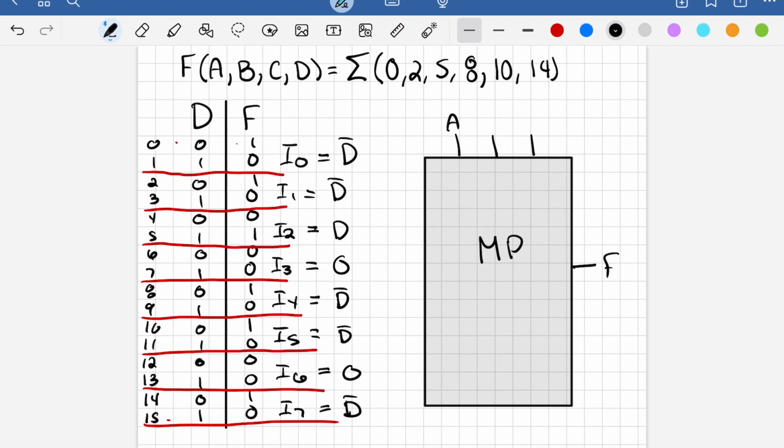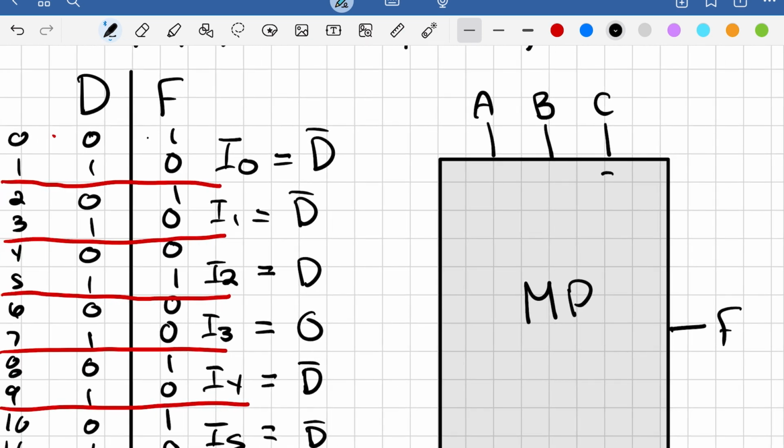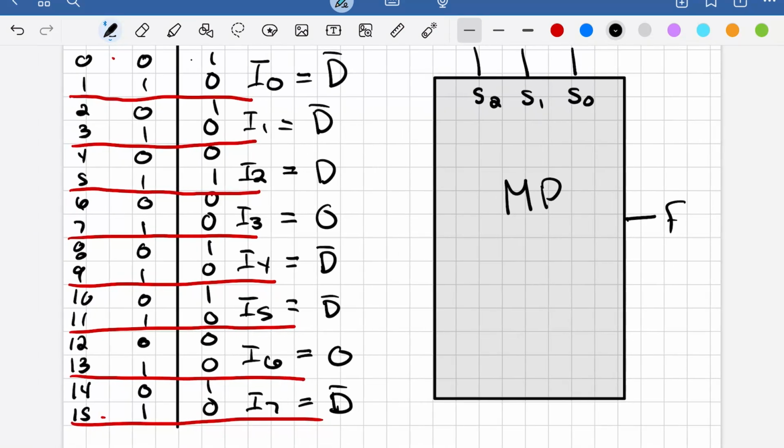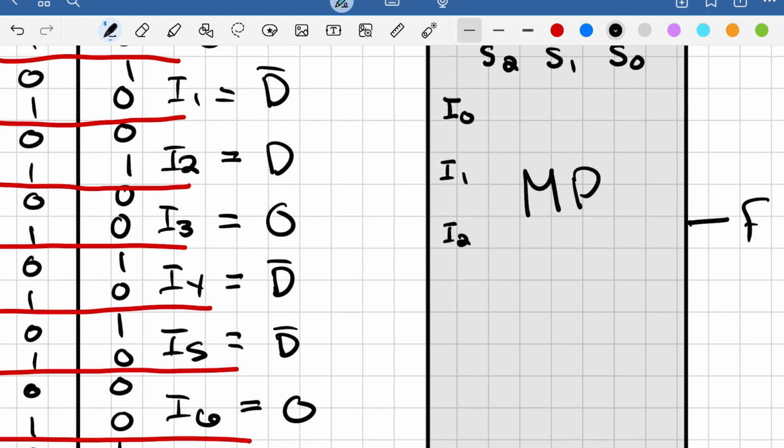So it's A, B, C. And then this is our S0, S1, and our S2. Now I need my I's. So I have I0, I1, I2, I'm running out of room, so I3, I4, I5, I6, and I7.